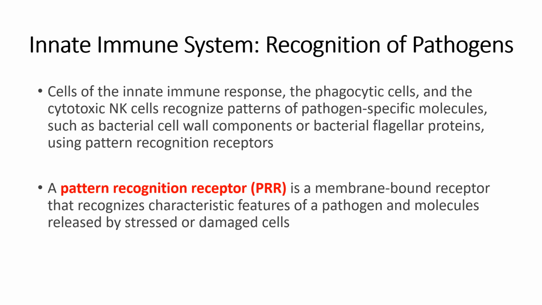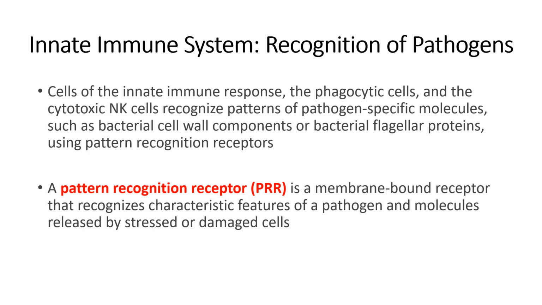A pattern recognition receptor, or PRR, is a membrane-bound receptor that recognizes certain characteristic features of a pathogen, as well as molecules that might be released by stressed or damaged cells.